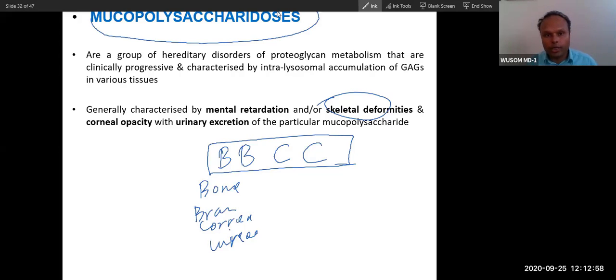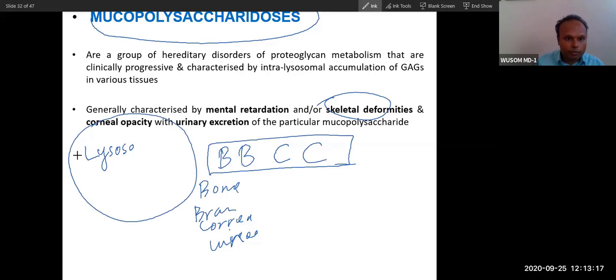mucopolysaccharidosis. So what is mucopolysaccharidosis? It is a disorder which results because of deficiency of certain enzymes. These enzymes are present in the lysosome, so it is an intracellular problem. The lysosome is present inside the cell.